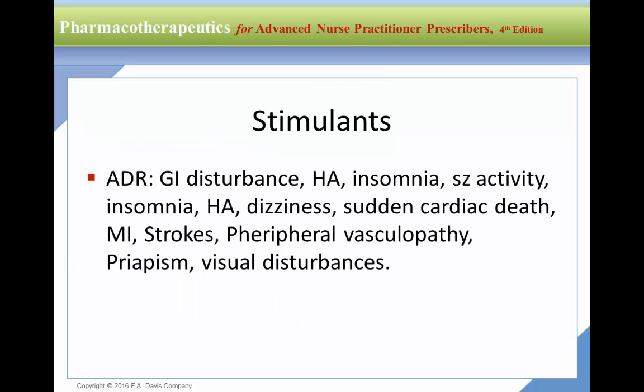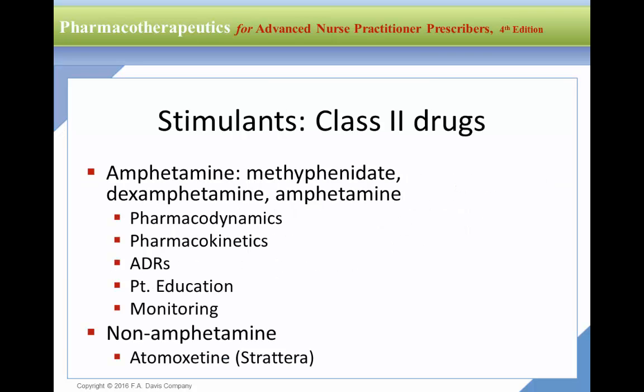Manifestations include headache, insomnia, up to seizures, up to stroke and MI, up to sudden cardiac death, even priapism. You could also use amphetamine, as we already mentioned, having more or less the same side effects.